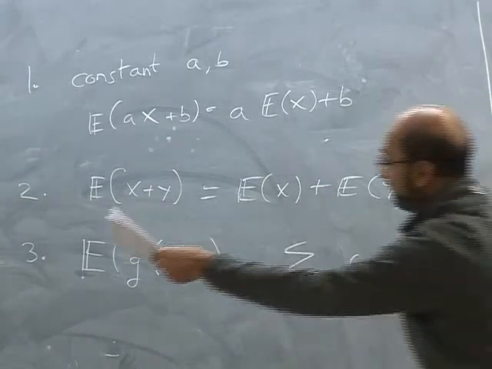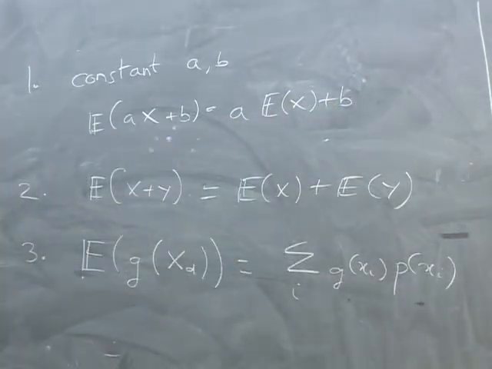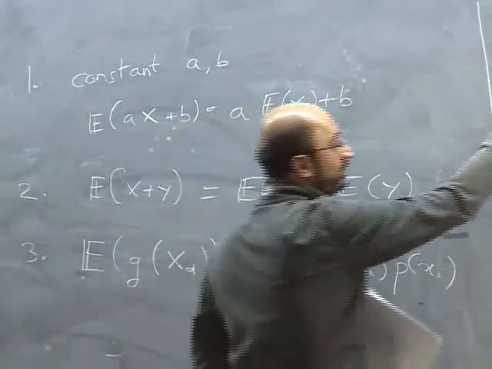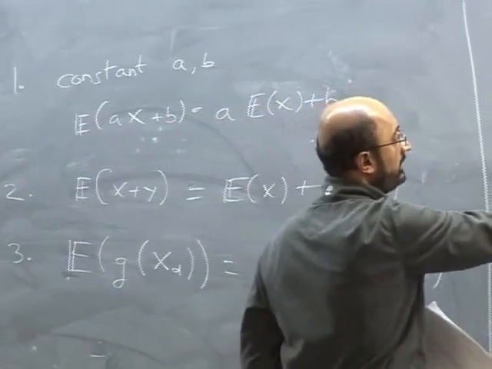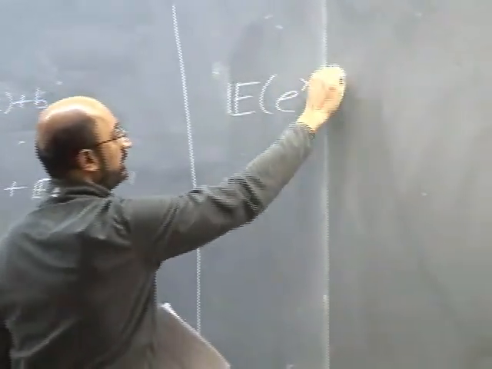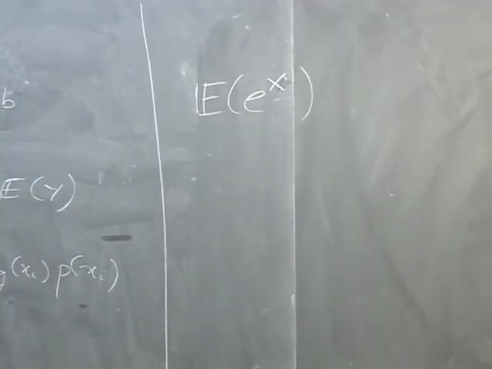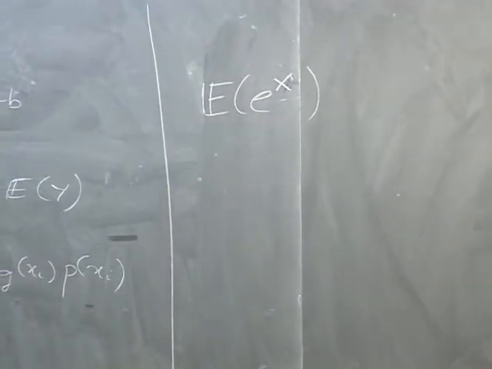So let's take that same random variable over here, 2, 7, and 9, and I want to compute the expected value of e to the power X. Okay, that looks really crazy. What does it mean to take the expected value of e to the power X?